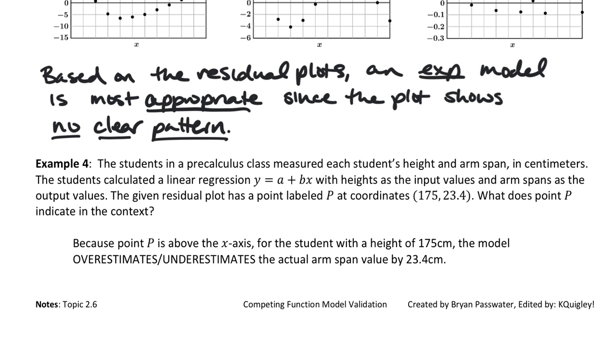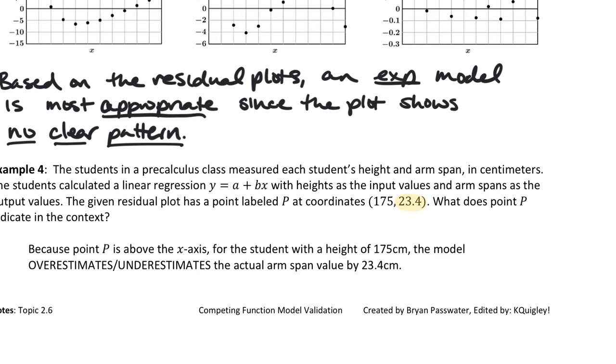the context? So remember, with coordinate points on residuals, this is the input value. So for us, the input value is the height, and the output values are my residuals in a residual plot. So since my output value, my residual, is positive 23.4, on a graph of a residual plot, would this dot be above or below 0?